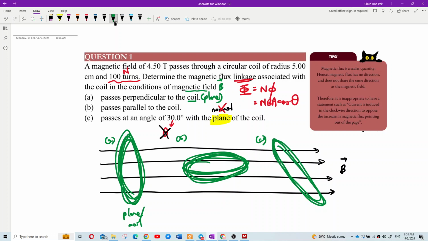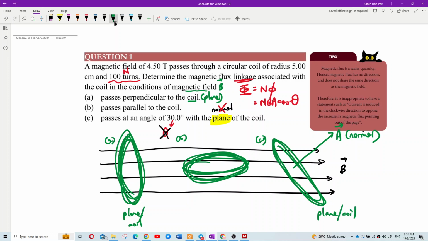So with the plane means I should draw another direction. This is the angle. I should draw like this. This is the normal, this direction. He says this one with the plane is this one. What he gives is the field and the plane of the coil.